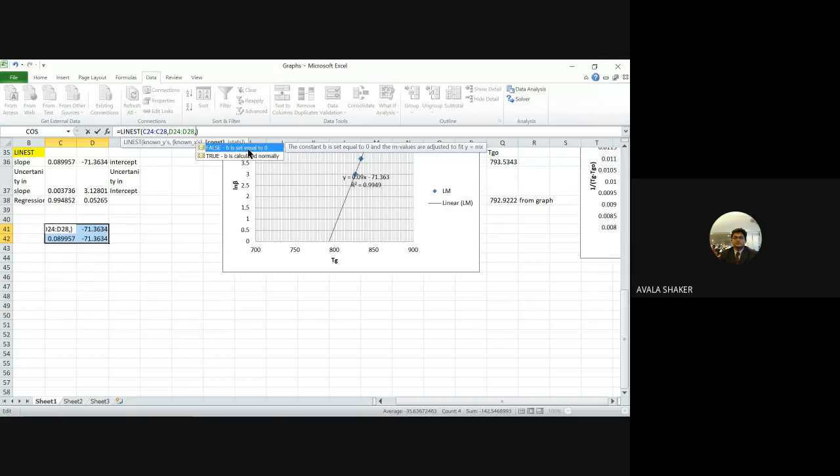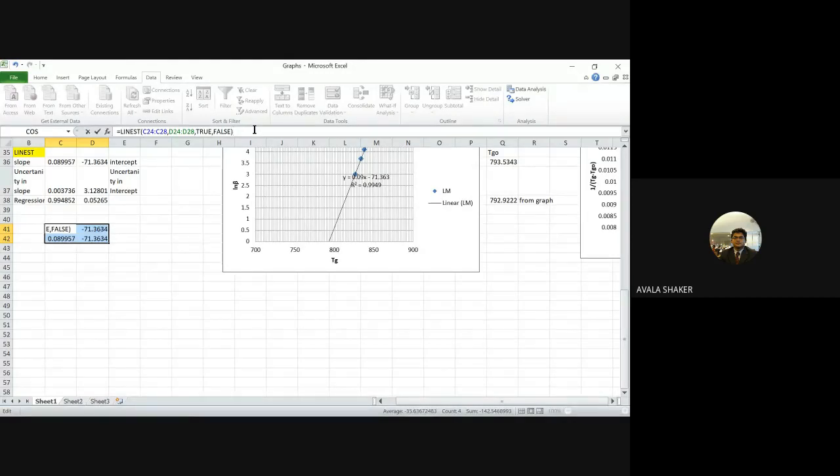Yeah, b is set equal to 0? No, we don't want it set to 0. The intercept is not. So true gives additional regression statistics if you want. If you don't want, you can say false to it, so it will not return those additional statistics.